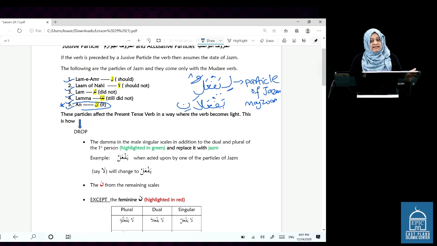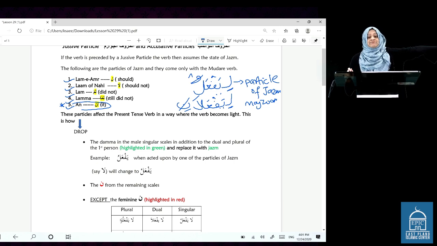Li yaf'al, and whatever the meaning of li is, I'll get to it in a little bit. Same thing, I'm going to apply the li over here. How am I going to make this jazm? It's the dual. The way you make the dual and the plural jazm is by getting rid of the noon, except the feminine noon. You're not going to touch that.